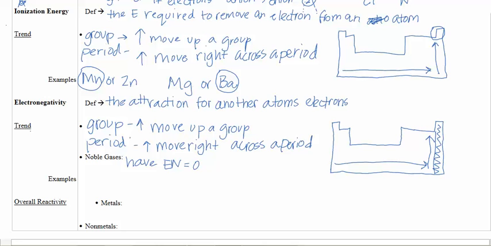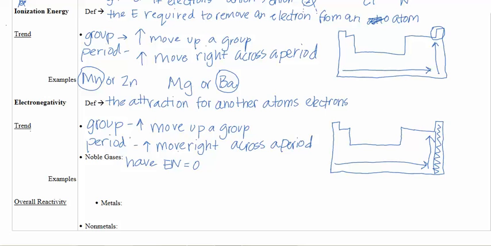Noble gases are stable on their own by themselves, so they don't bond with other atoms typically because they're already stable, so their electronegativity is 0. They are noble and they stick their nose up in the air. So they don't play well with others, so they don't have an attraction for another atom's electrons because they just want to be by themselves. So that's 0, so that's why we mark that out.